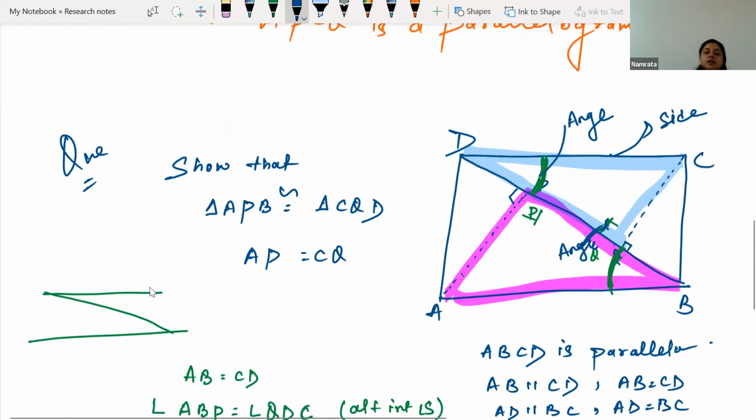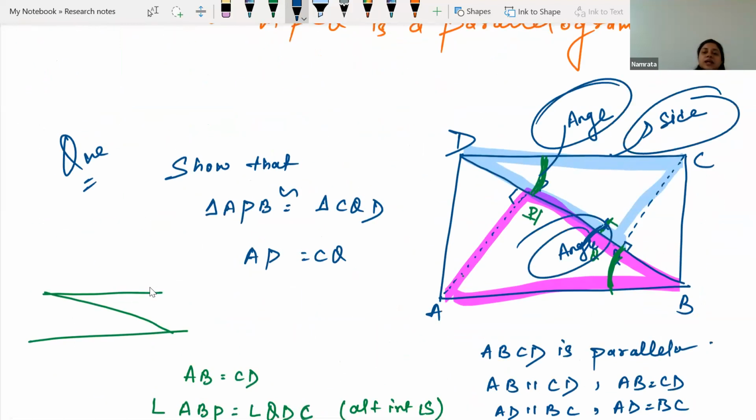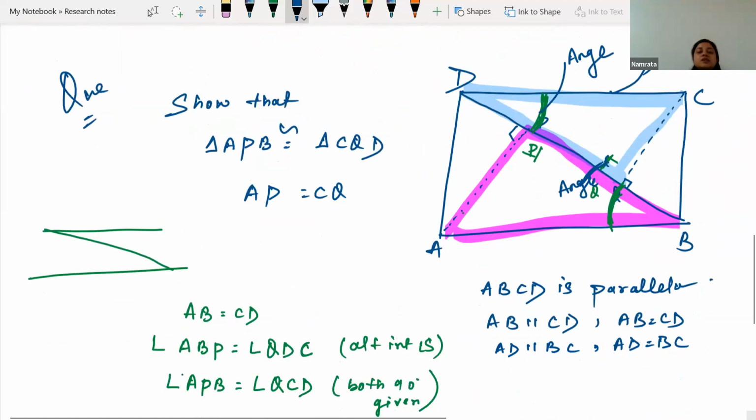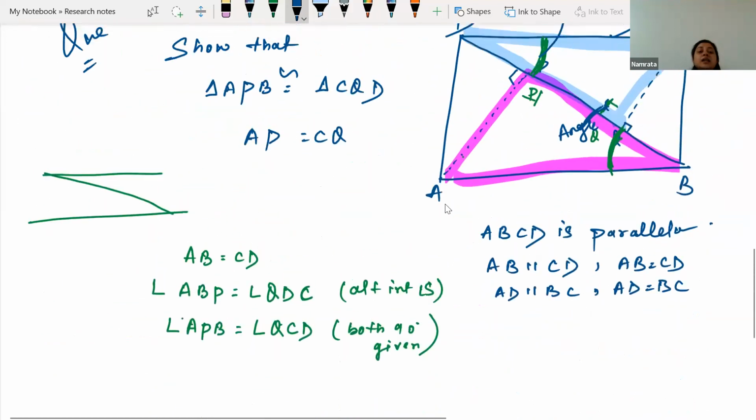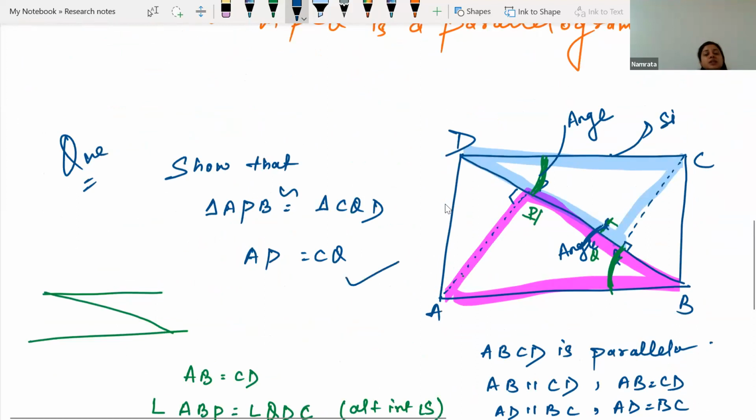Angle, angle, side. Can you see? So from the angle-angle-side congruency criteria, we can say these two triangles are congruent with each other. And hence we will automatically get the second part, that AP and CQ are equal by CPCT. Got it?